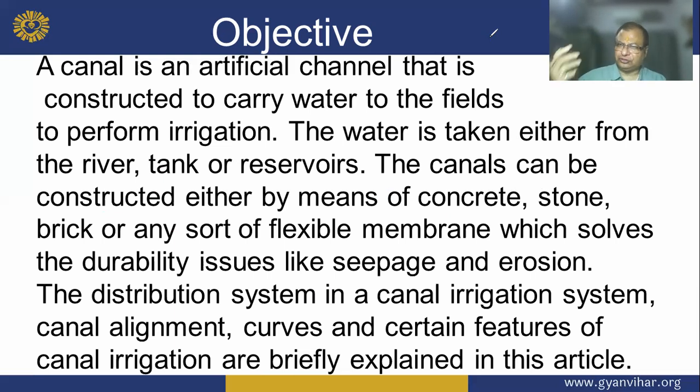They have encroached, they made houses, they made farming land. So the canal can be constructed by means of concrete, stone, brick, or any sort of flexible membrane, which solves durability issues like seepage and erosion.